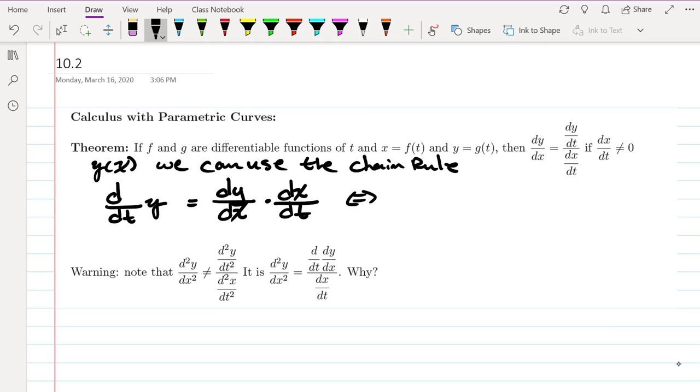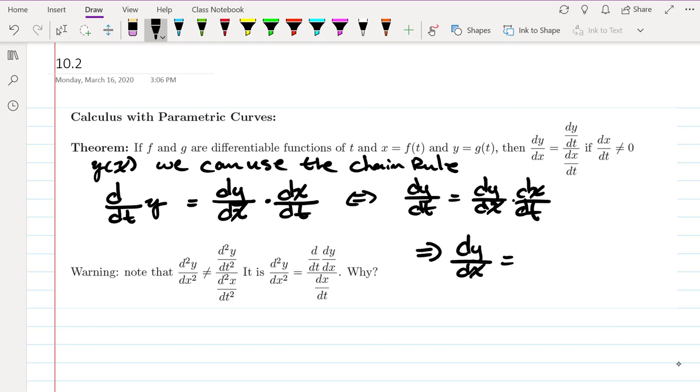So then that would give us dy/dt is equal to dy/dx times dx/dt. Solving that equation for dy/dx by dividing both sides by dx/dt, we get that dy/dx is equal to dy/dt divided by dx/dt, which is what our theorem states.